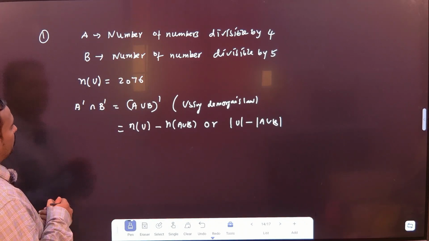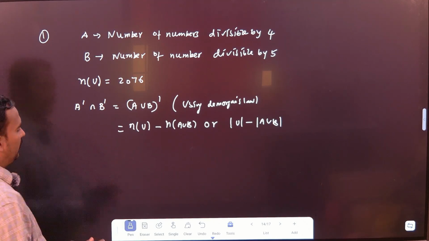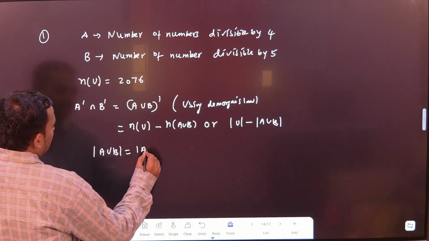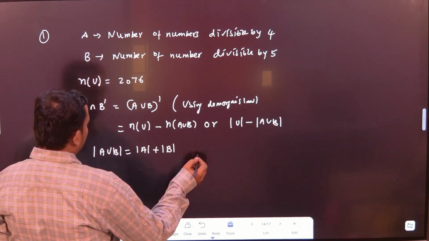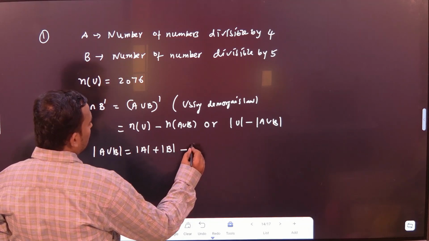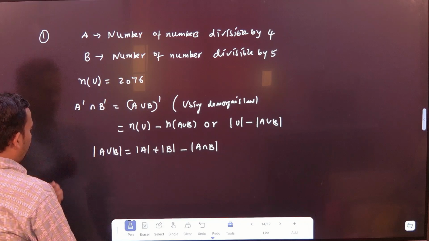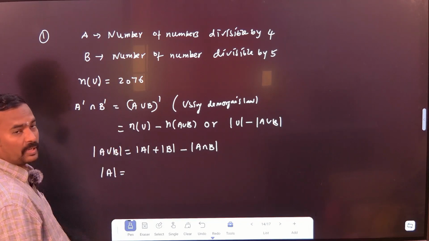Okay. Clear, students? First your target is how to find A union B. You know that formula. A union B, how to write? Cardinality of A plus cardinality of B minus cardinality of A intersection B. First, how many elements are divisible by 4 you have to calculate, right?